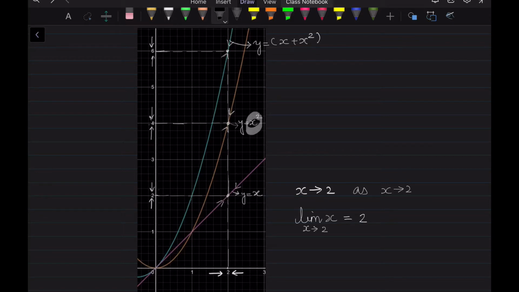Similarly, for the function x square, we can see that as x approaches 2, the values of this function approach the number 4. So, which means that x square approaches 4 as x approaches 2, and which means that the limit of x square as x approaches 2 is equal to 4. And there must be no problem in writing this statement as this statement. We have been learning this for the past two lessons.